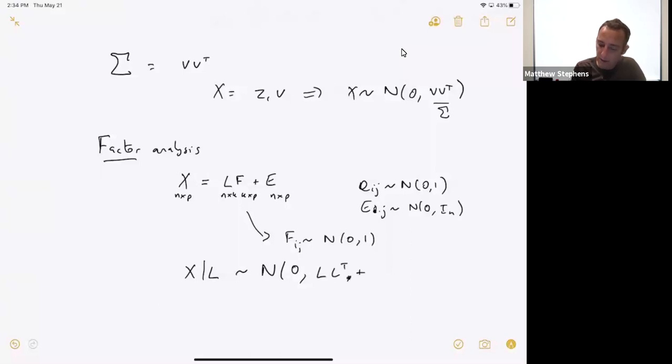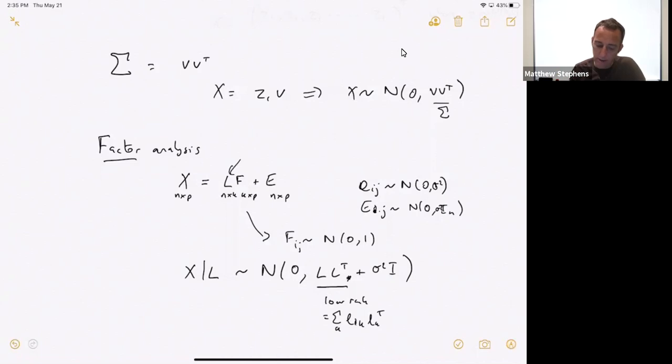Maybe I should have said that there should be a sigma squared here. So factor models are one example where low rank matrices are explicitly used to model covariance matrices. Well, this L L transpose is a low rank matrix. It is actually equal to the sum over k of L_k L_k transpose, where L_k is the kth column of L.